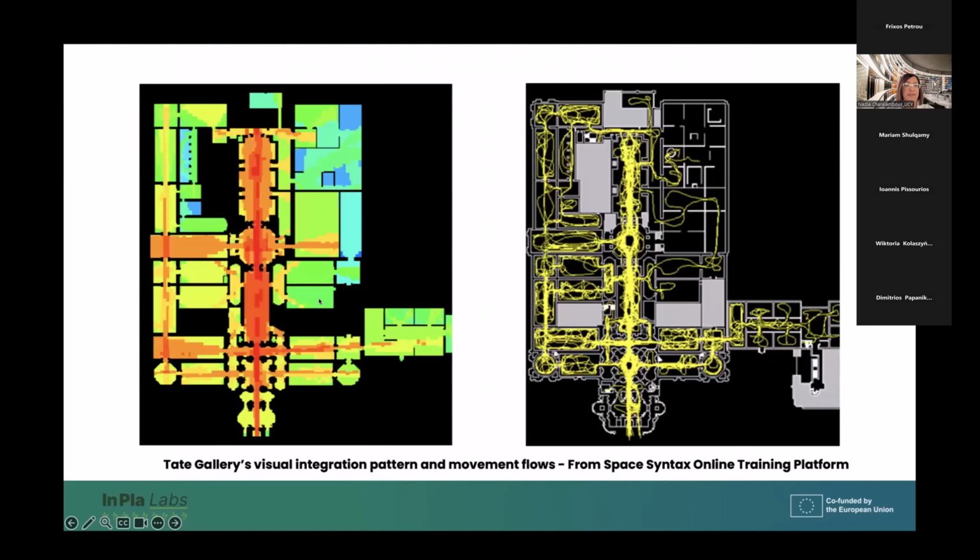And an interesting study was done in Tate Gallery in London, where researchers mapped 100 people's routes within the building. And you can see the relationship between spatial organization on the left and movement on the right. And on the left, they used visual analysis, what you can see to walk through the building.